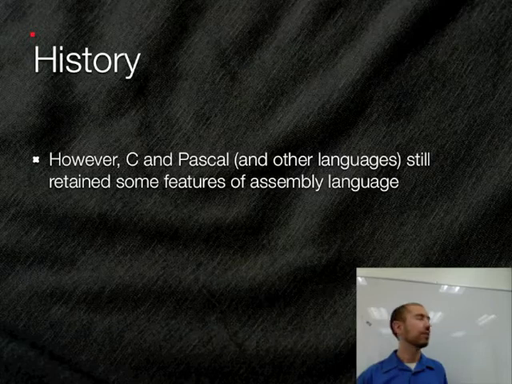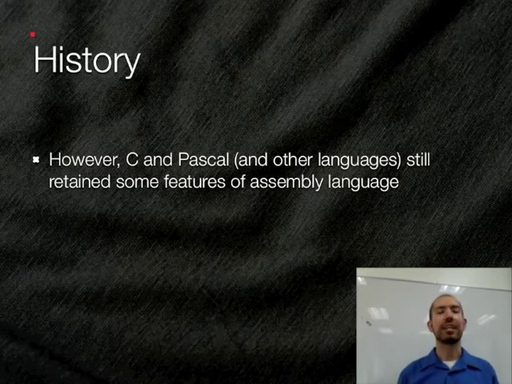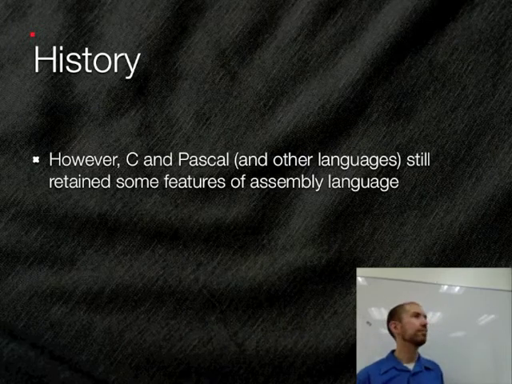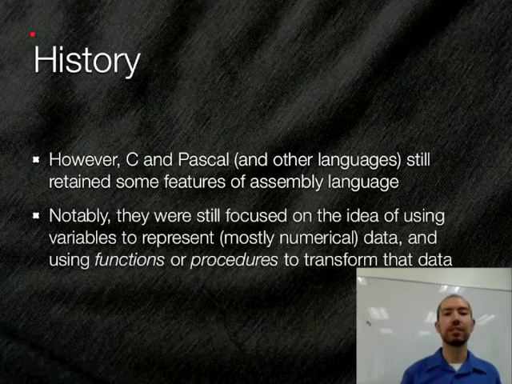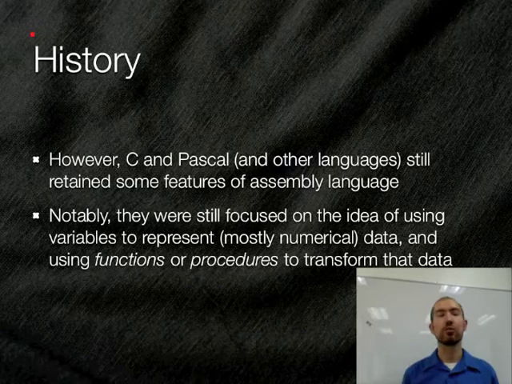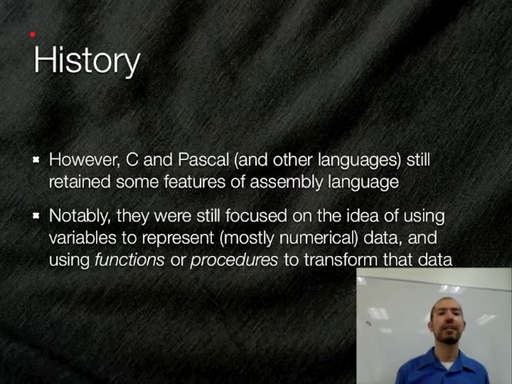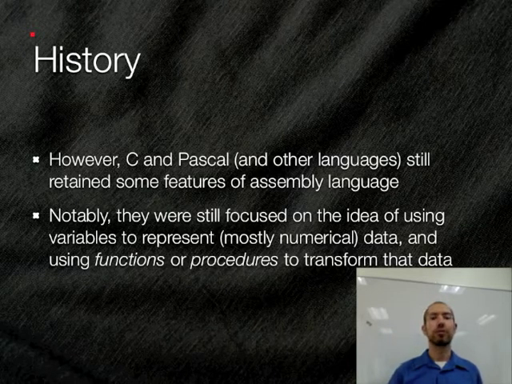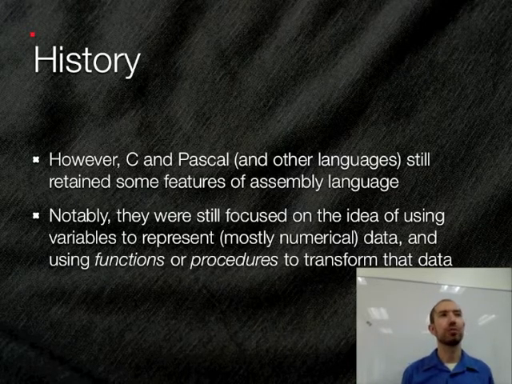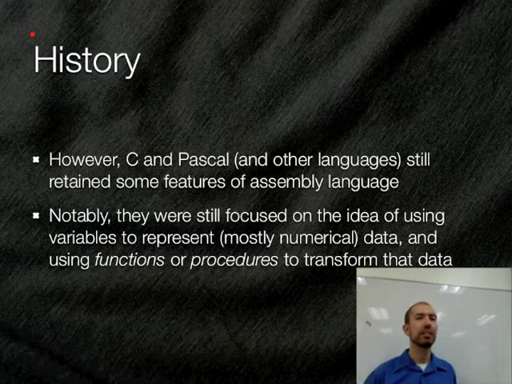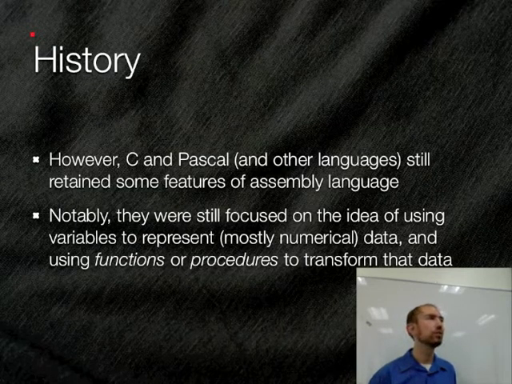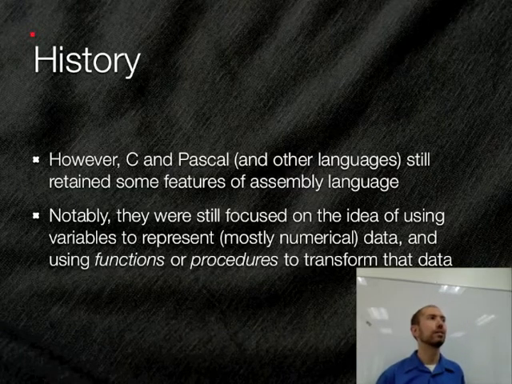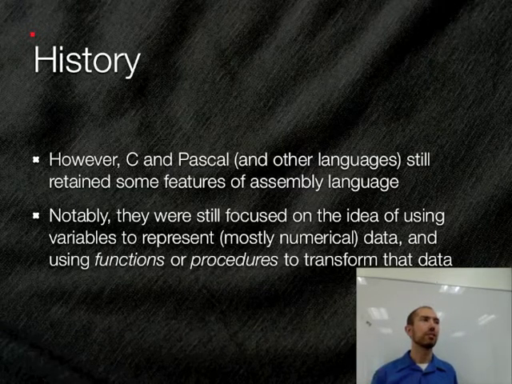Okay. Now, that said, C and Pascal and other languages of that generation still retained a lot of similarities and features of assembly language. And this is particularly why I'm talking about this today: they were still focused on using variables to represent data, and usually that data was numerical data, and using what we call functions or procedures to transform that data. Like we said, that's exactly what the processor is doing.